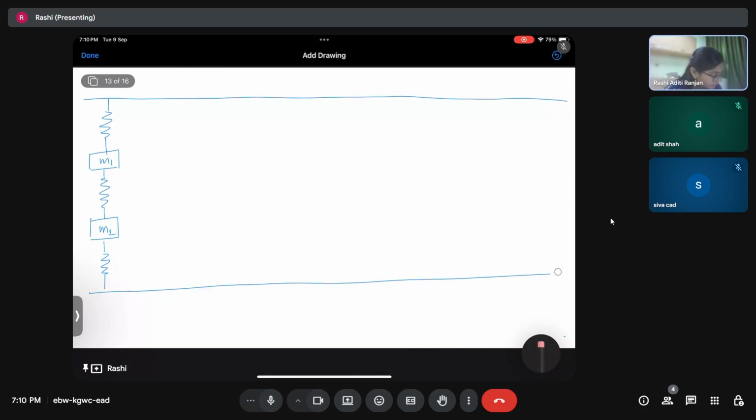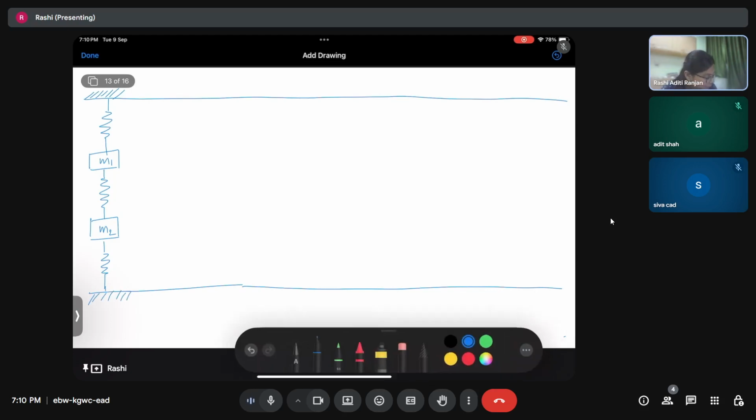Okay, something like this. So this is the system in the neutral state. It is having no actuation, it is in the equilibrium state.